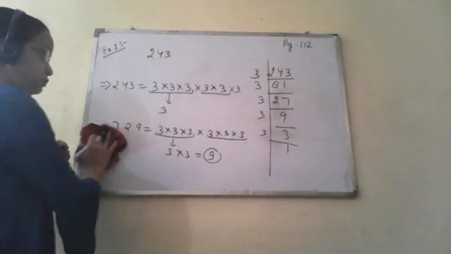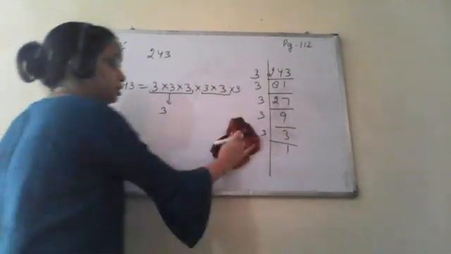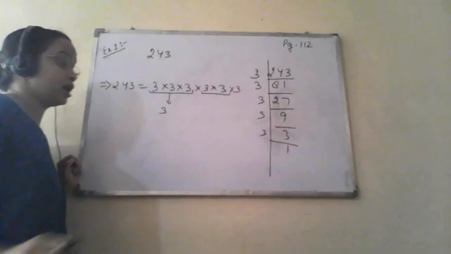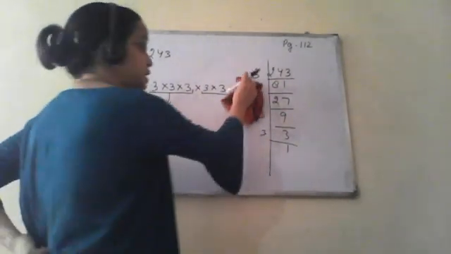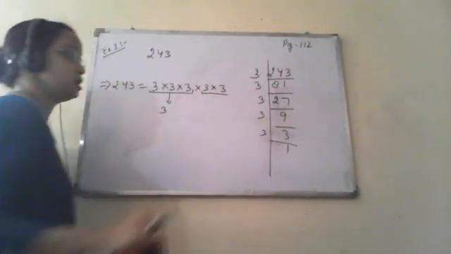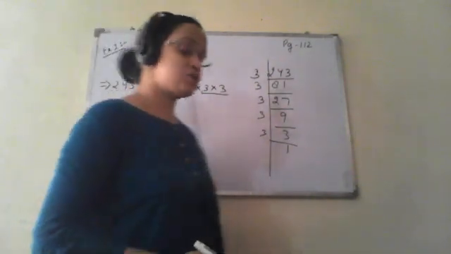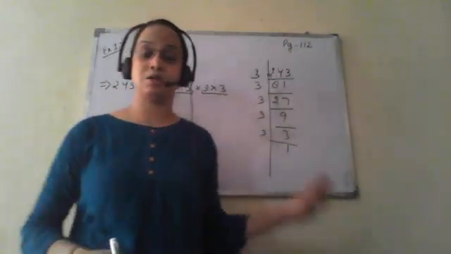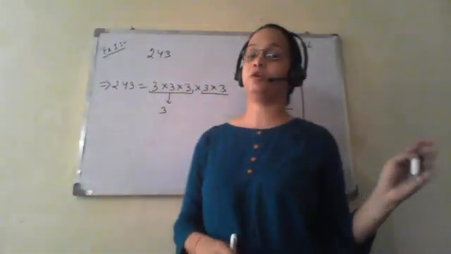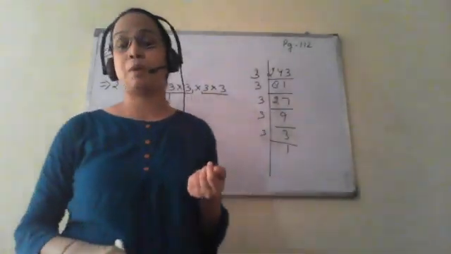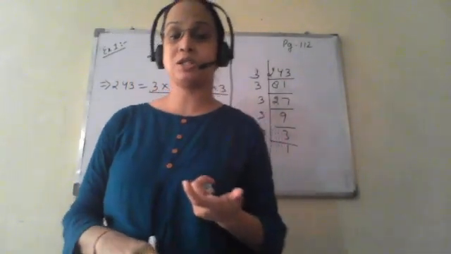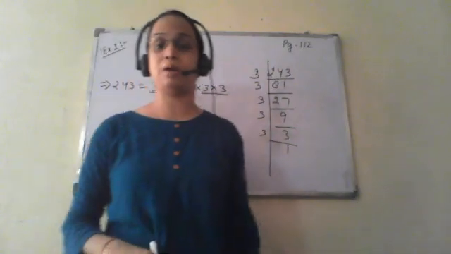Now one more thing can be asked. Besides asking by what smallest number it should be multiplied to make a perfect cube, it can also be asked by which smallest number it can be divided in order to make it a perfect cube.